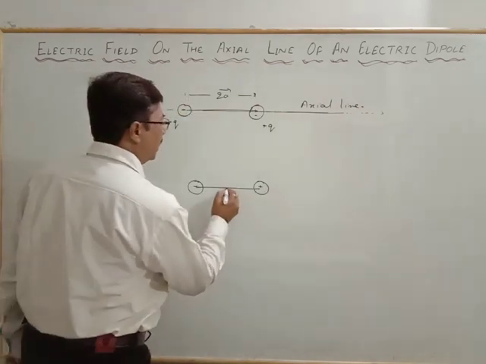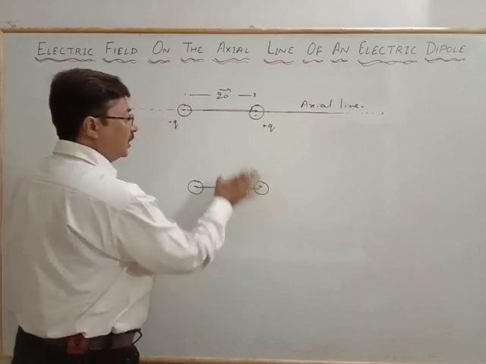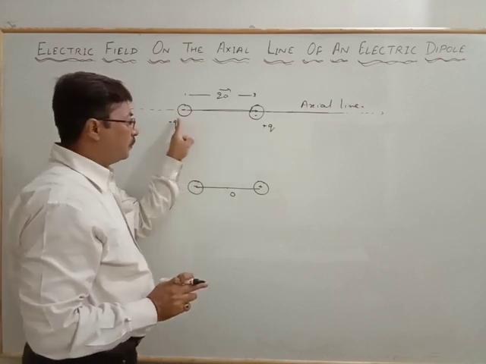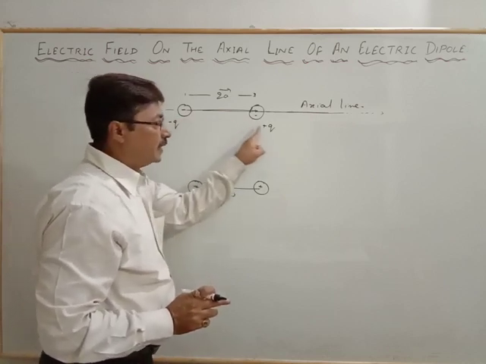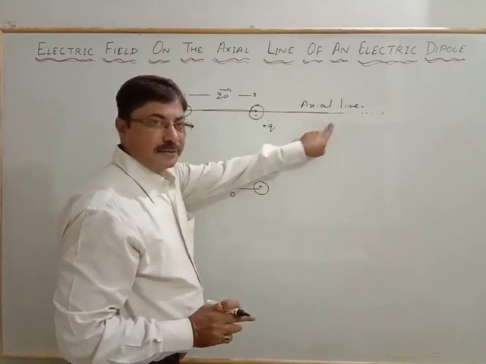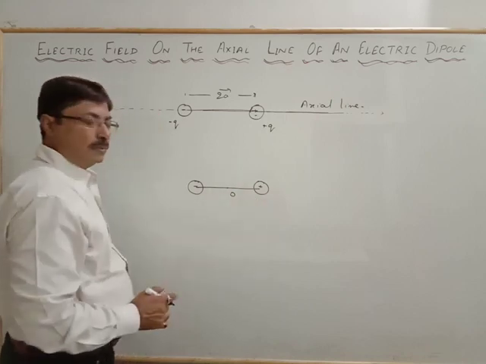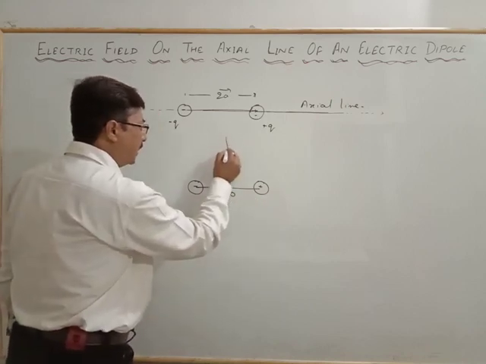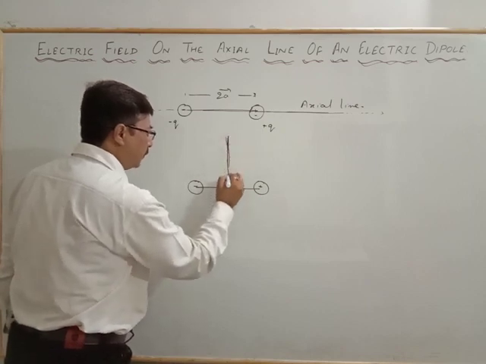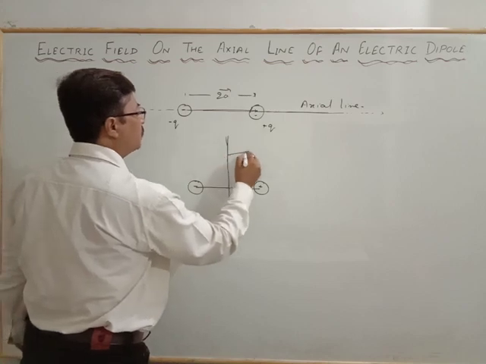Now for the equatorial line, we use the center of the dipole, not the charge. For the axial line I use the center of the charge. Here I am saying the center of the dipole, from where the line passes, and that line is called the equatorial line.